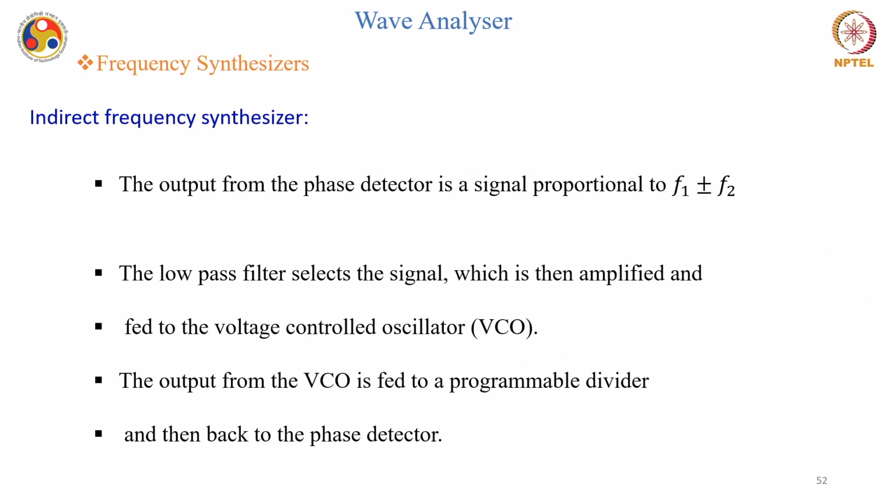Now, the output of the phase detector is a signal which is proportional to f1 plus or minus f2. The low pass filter selects the signal which is then amplified, as you have seen. The output of this amplifier is fed to the voltage controlled oscillator. The output from this VCO is fed to a programmable divider and then back to the phase detector.